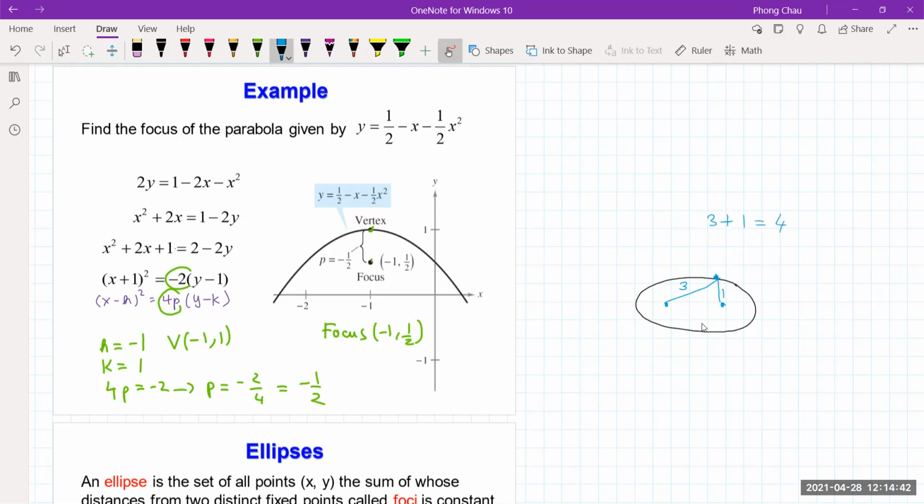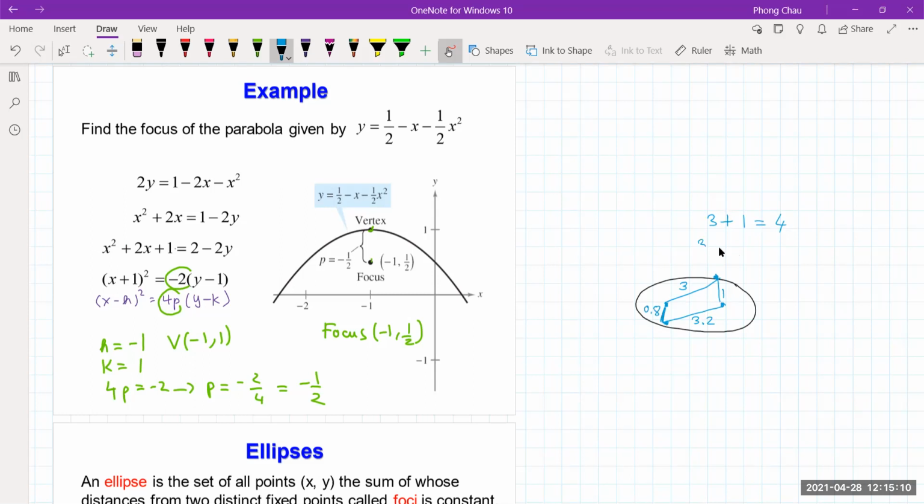If you look at another point on the ellipse, say here, again you measure the distance from this fixed point and from this fixed point. I'll make up the numbers, say here you have 3.2, and that distance here has to be 0.8. Why?